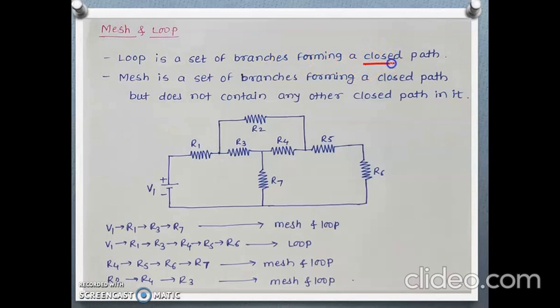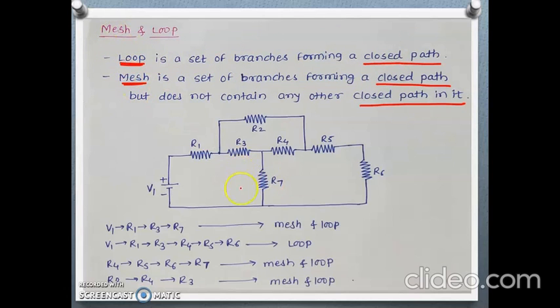Mesh is also a set of branches forming a closed path, but it does not contain any other closed path in it. That means the smallest possible closed path formed by a set of branches is known as mesh, and any set of branches forming a closed path is known as loop.